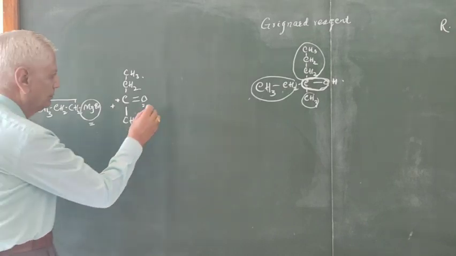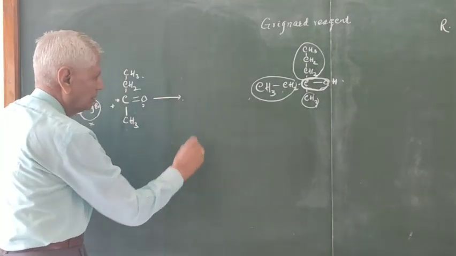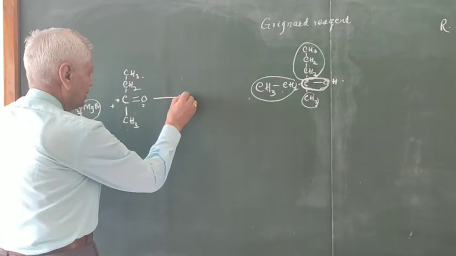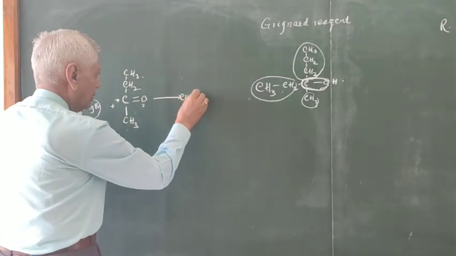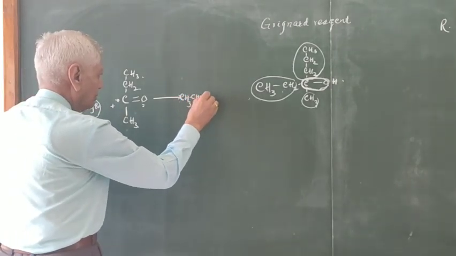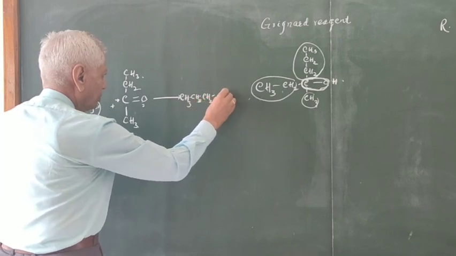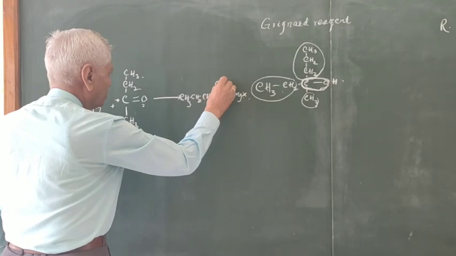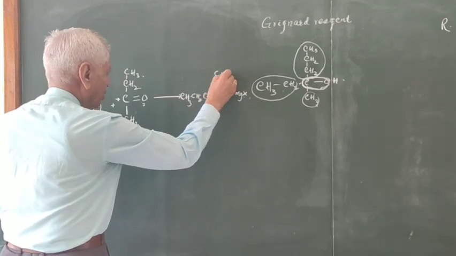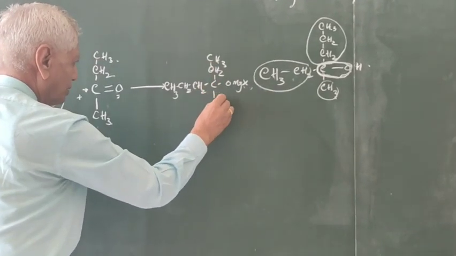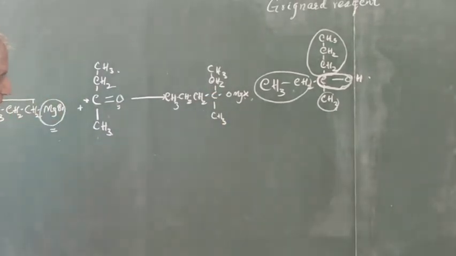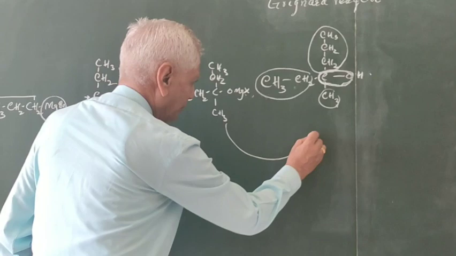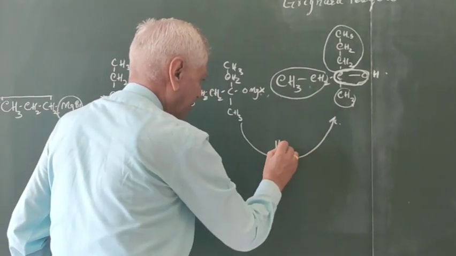And you will get the addition product. What is the addition product you are getting? CH3 CH2 CH2 C OMgX, CH2 CH3 is already there, CH3 is already there. This is the addition product, and this addition product is subjected to hydrolysis.